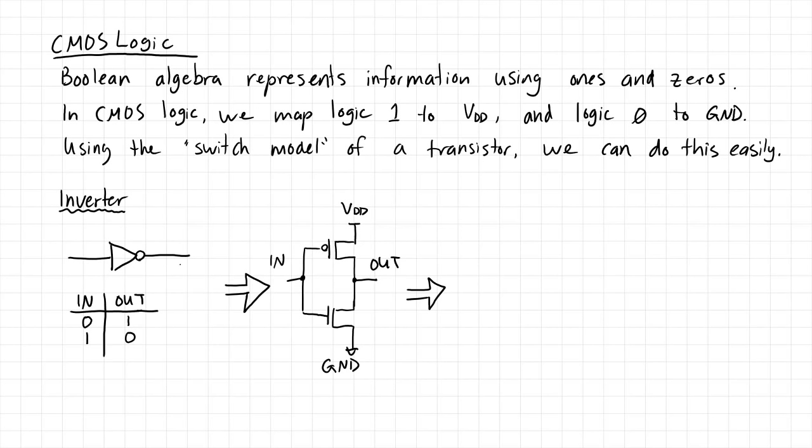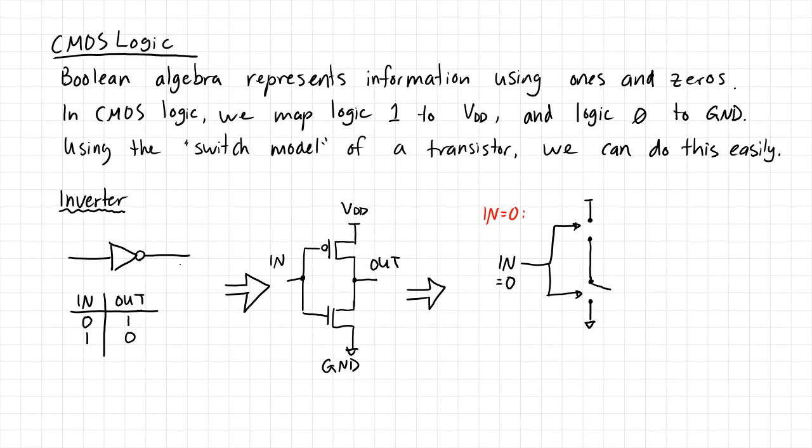Okay, so let's just go ahead and analyze that case. When in equals 0, we get the following circuit. Remember, we're going to essentially make switches out of our NMOS and PMOS transistors, and they are being activated by this input signal, which is equal to logic 0. Now we said for an NMOS transistor, when its gate voltage is low or logic 0, then it is an open circuit.